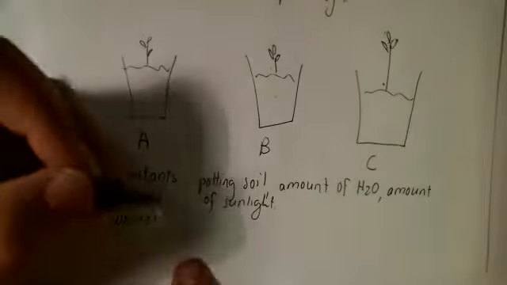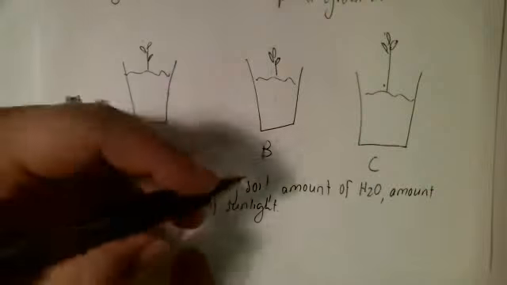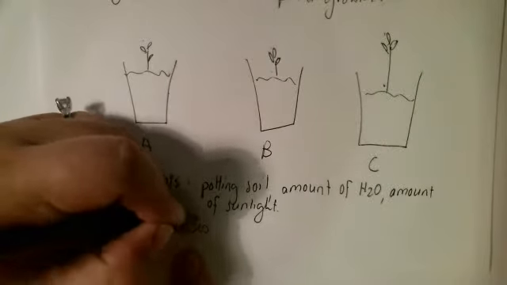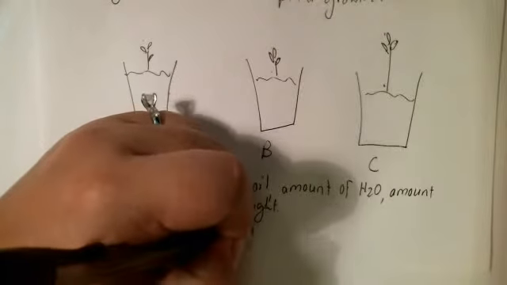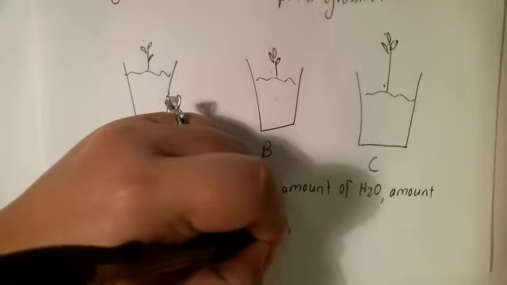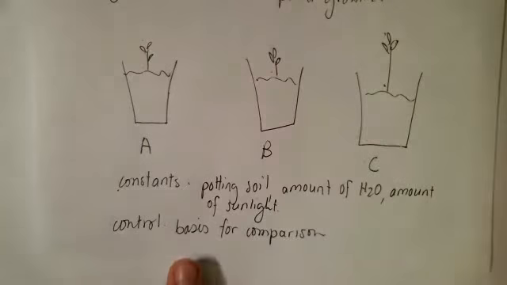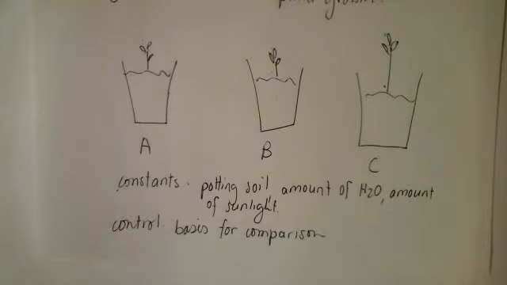Now our control, that is the basis for comparison. Okay. In order for us to really determine which fertilizer works the best, we need to see how plants grow without any fertilizer.